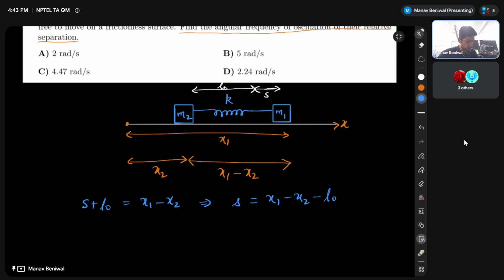The force m1 x1 double dot will be minus k s, and the force m2 x2 double dot will be plus k s. One will be pulled in one direction, so that the other is pulled in the other direction.